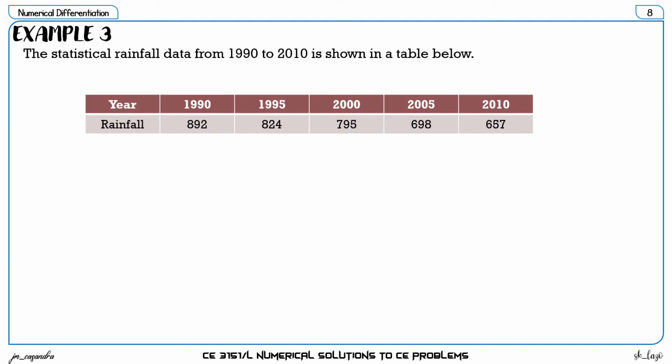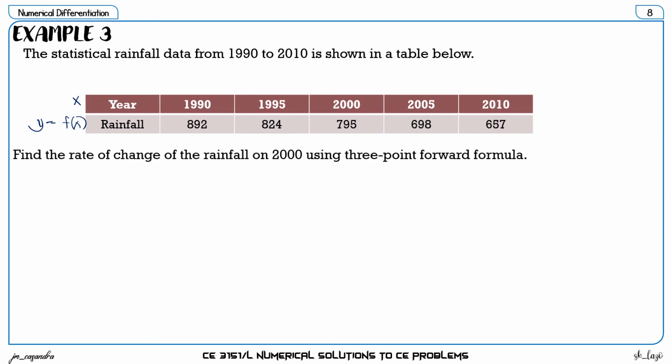Okay, so for example number 3, we have the same given as for example number 2. Again, we have the year as our variable x. The rainfall data is our function of x, so this is our y. What we want to solve for in example number 3 is the rate of change.